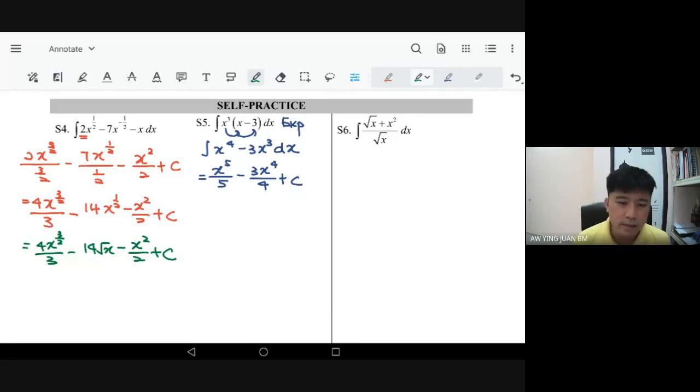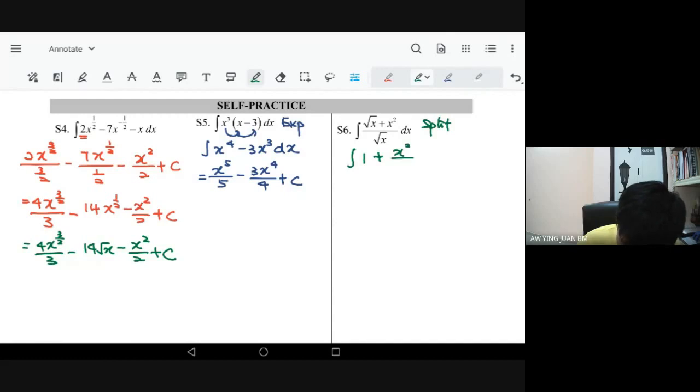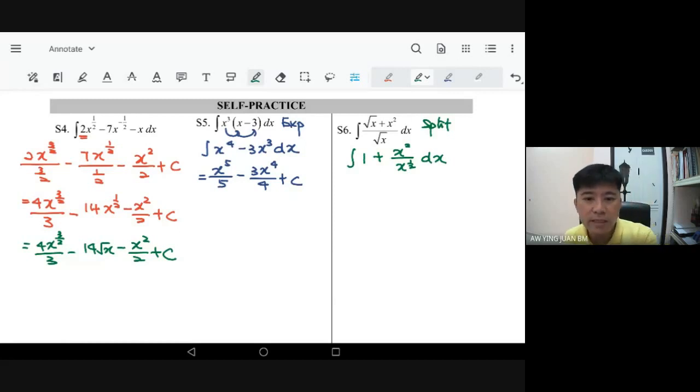S6. Saya nampak apa? Boleh split. Okay, boleh split. Bila saya split, integrate 1 plus, harap faham, x square over x to the power 1 over 2 dx. So, ini rules of indices 2 minus 1 over 2. Kita dapat 3 over 2.